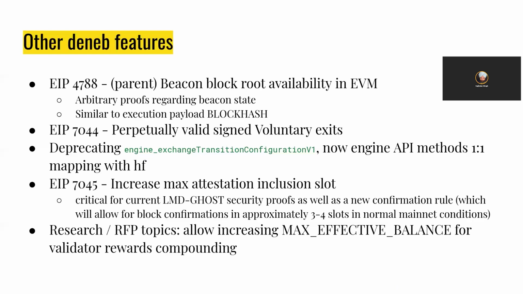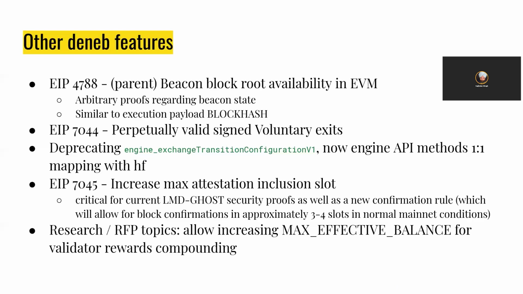Another EIP that is being considered is having perpetually valid signed voluntary exits. Right now, what really happens is that if you sign a voluntary exit and for some reason you retained it, you didn't transmit it on the network, it would get invalidated if there is a new fork. Since there is no real need to invalidate it, it is being simplified so that post Deneb, whatever you sign will be perpetually valid.